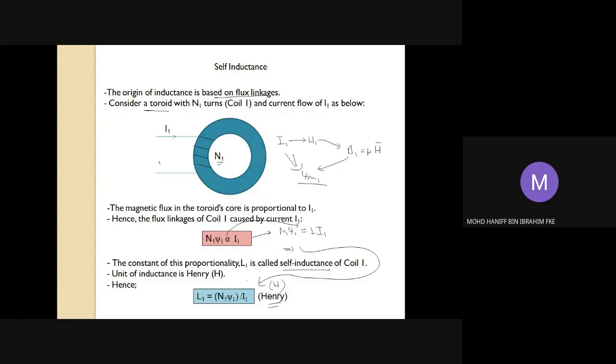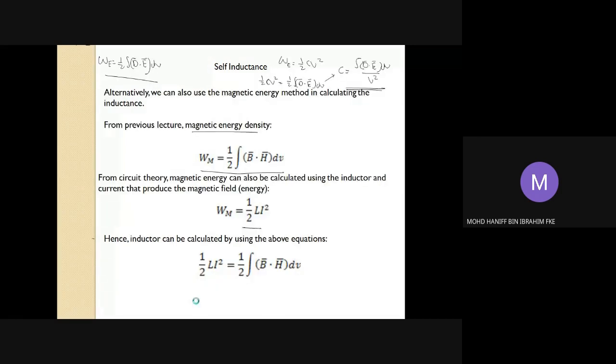So there are two equations that can be used to calculate the inductance. The first one uses the flux amount. We need to find the flux produced by the current, and then find the ratio between the flux produced and the current, which will be the inductance value. Alternatively, the second method is to calculate the amount of energy stored by the inductor, using the integration of B dot H dV divided by I squared.